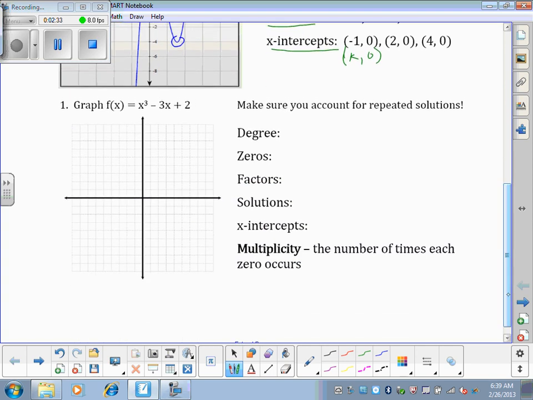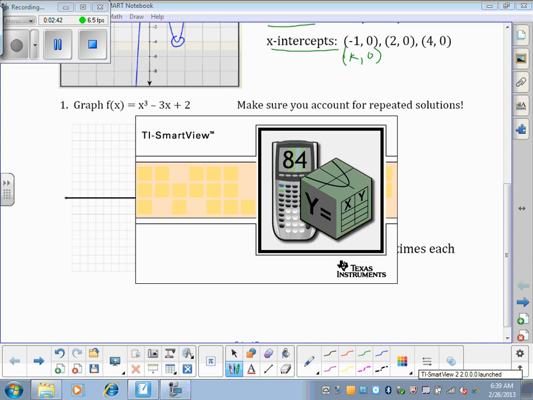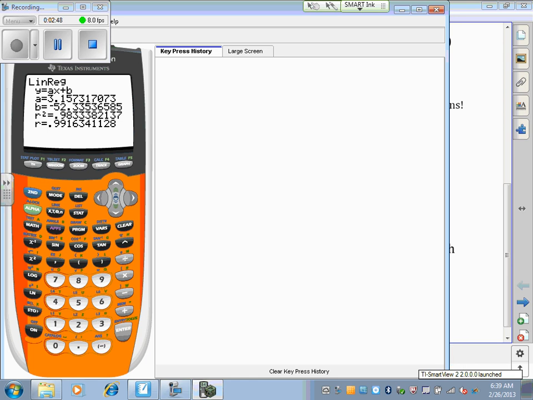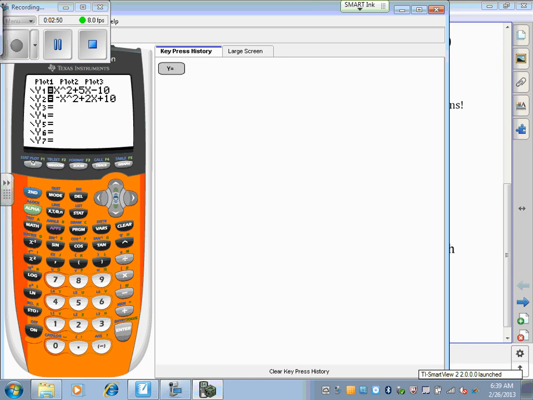So you're going to need to go to your calculator for this. And you're going to graph this equation on your calculator. Okay, so let me clear mine out here.